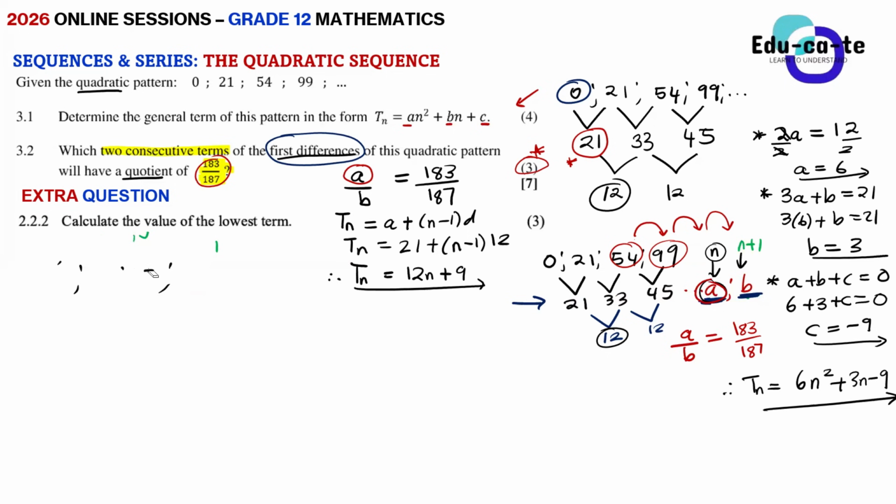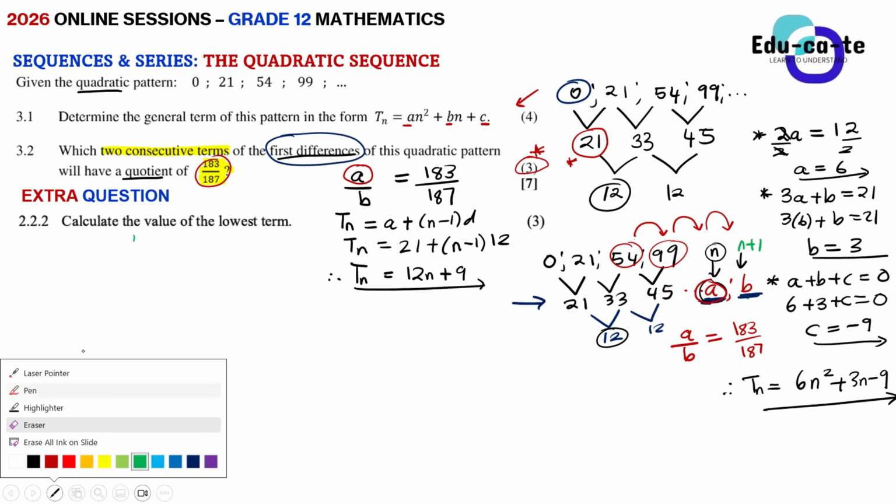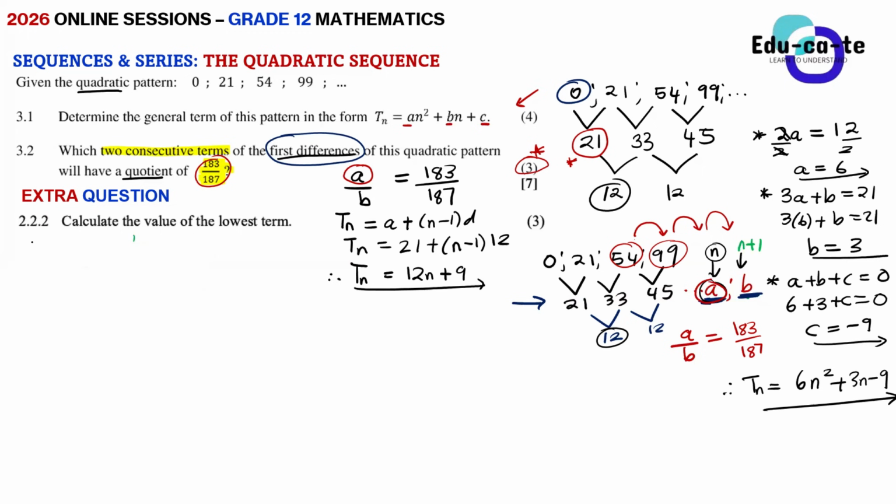So for me to find A, because I already have my quotient written out, I simply need to use this Tn. If I say term number n is equal to 12n plus 9, and I say that the position of A is equal to n, it means that I've got n in this equation.